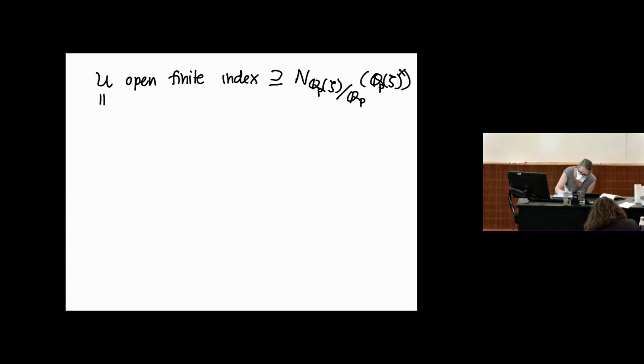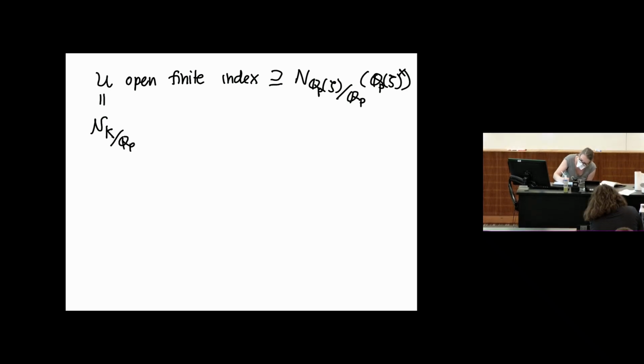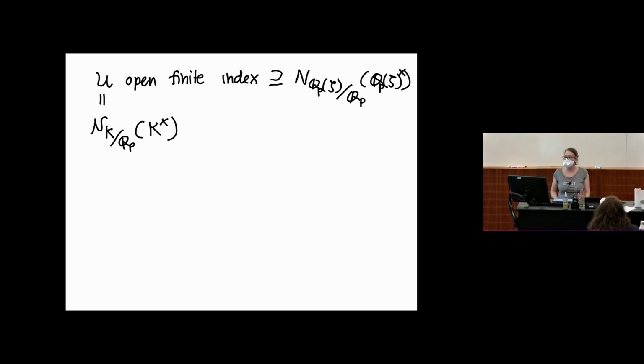Then this is the norm group of some field K by our correspondence, right? Every open subgroup of finite index is the norm group of some field. And this open subgroup of finite index contains this norm subgroup.